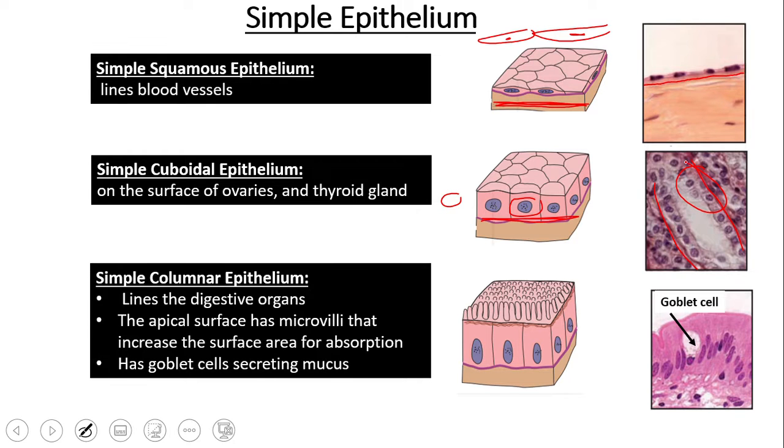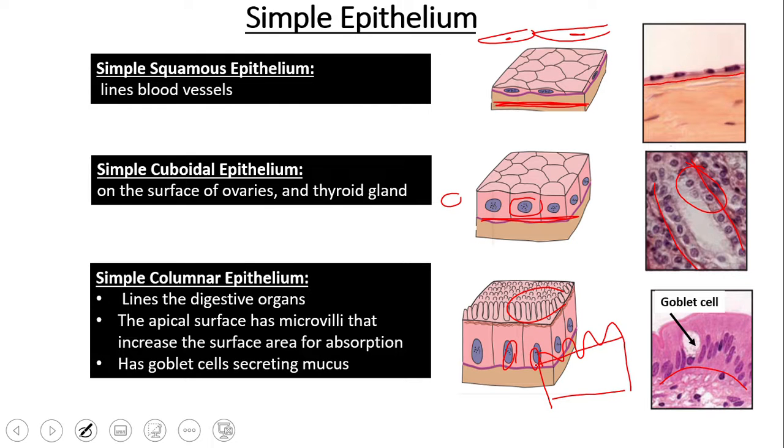The third type of the simple epithelium is simple columnar epithelium. So the cells look like columns. If you look at the nuclei here, they are kind of tall oval nuclei. So this lines the digestive organs, and the apical surface has microvilli. So if you look at the top of any cell, it has microvilli that we also call brush border.